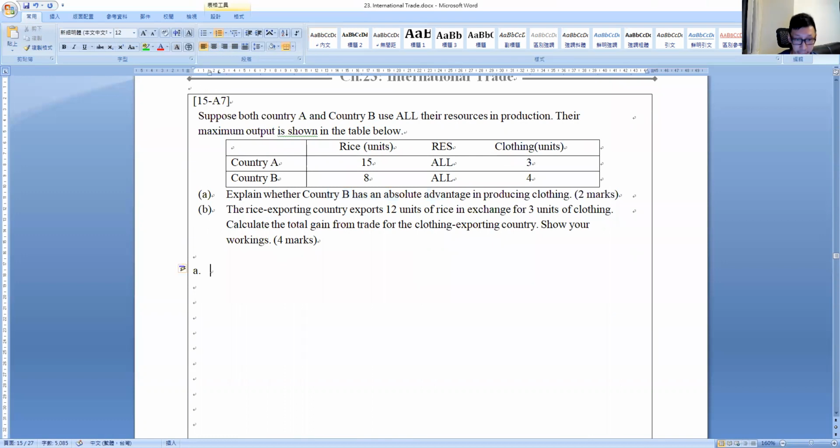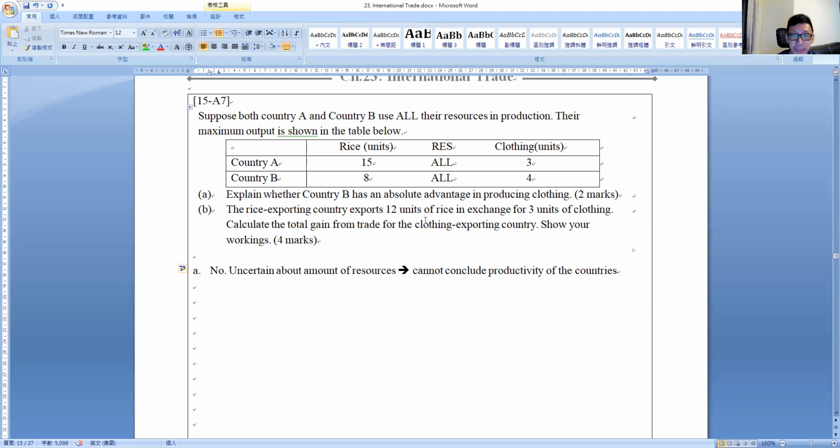The answer is no. The reason is that we are uncertain about the amount of resources. Therefore, we cannot conclude the productivity of the countries. We do not know who is faster and who is slower. So no, we are uncertain.